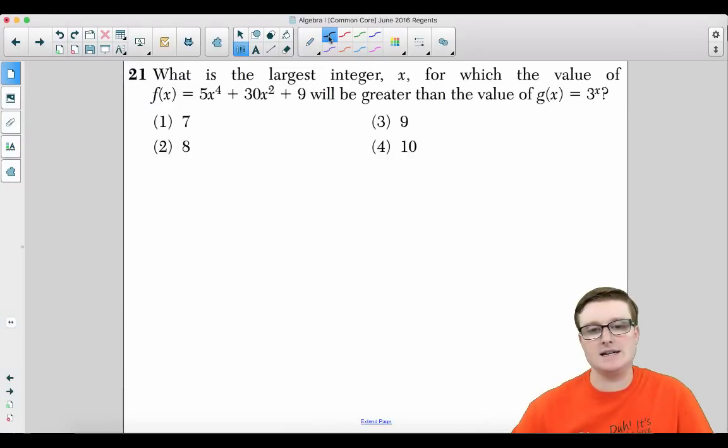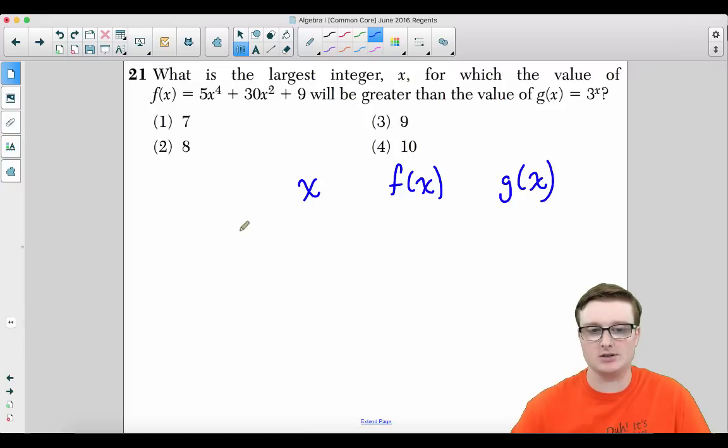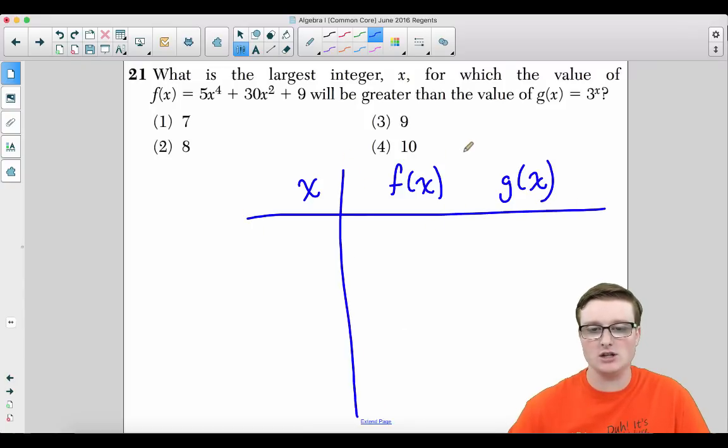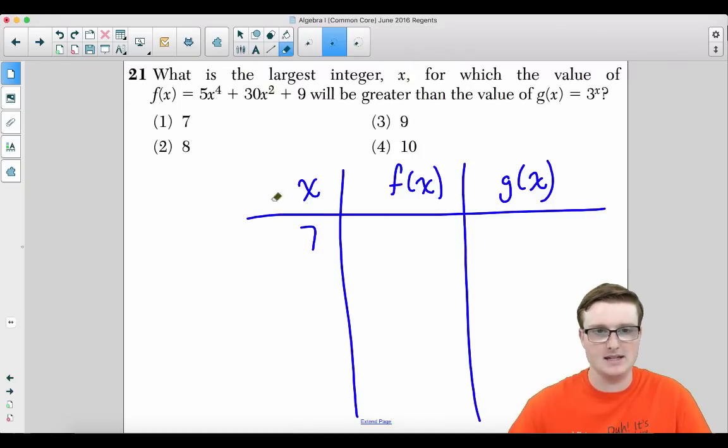What we do here is I'm actually just going to make up a table. So x, this is f(x), and this is g(x). If you go to your table of values, there's 7, 8, 9, 10.